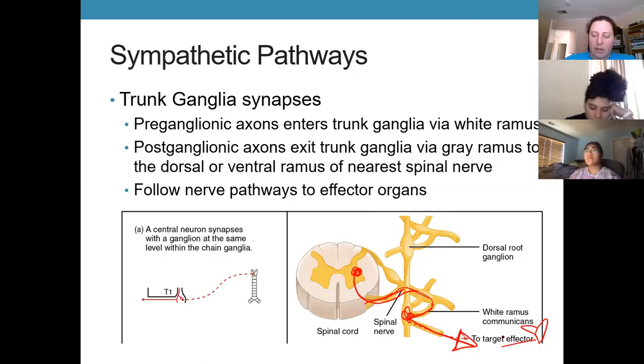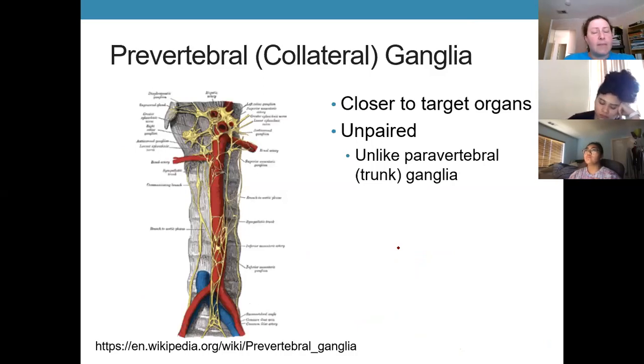That's the straightforward one. But sometimes, instead, it's going to go back up by the gray one, and then go to a different chain to synapse first. And sometimes it's going to go to these collateral ganglia.